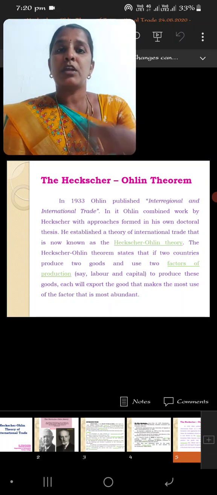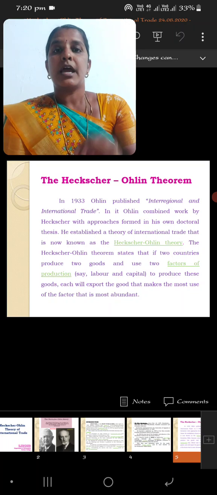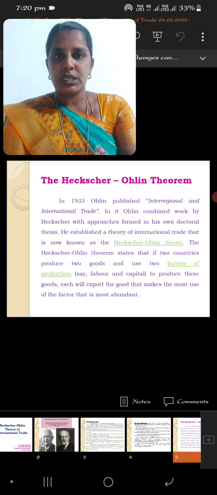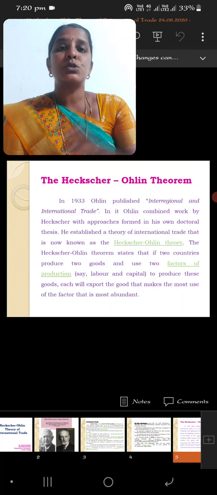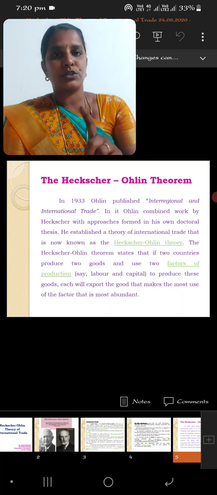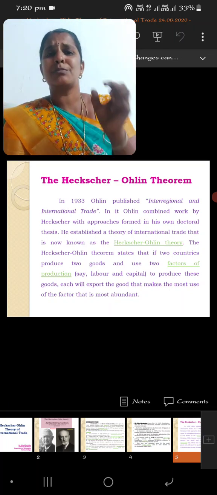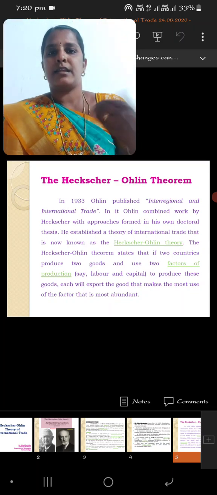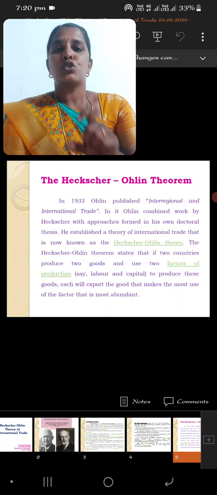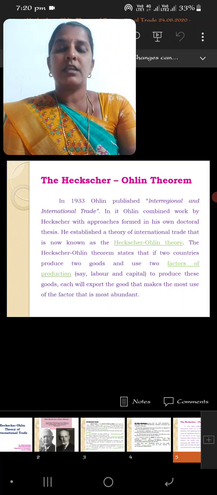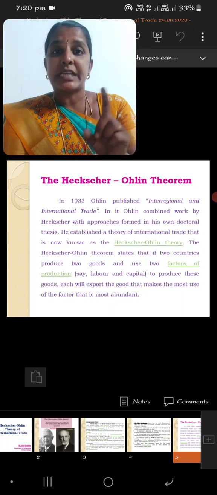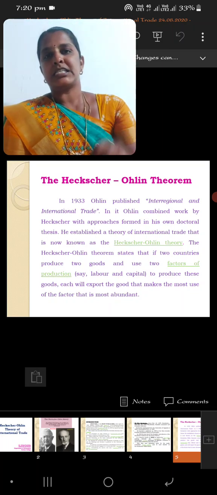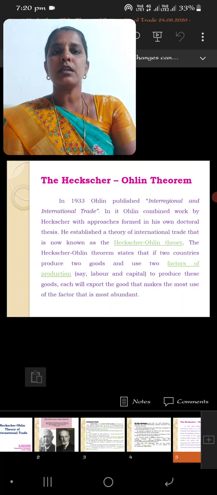International trade means that, apart from our own country, we are exchanging goods and services from one country to other countries. So in 1933, Ohlin published the book named Inter-Regional and International Trade.